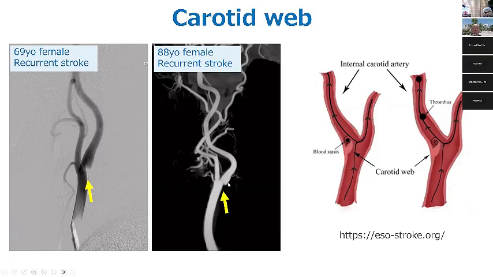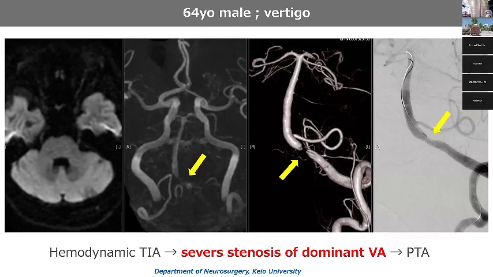So it is very similar but a distinct pathology from the ordinary typical internal carotid artery stenosis. So in this case, this triangular protrusion is the key to finding the carotid web.